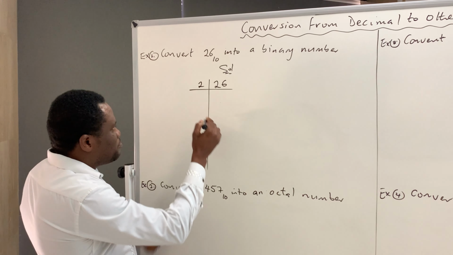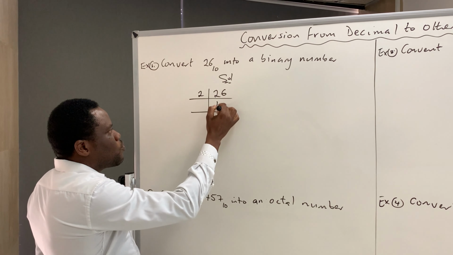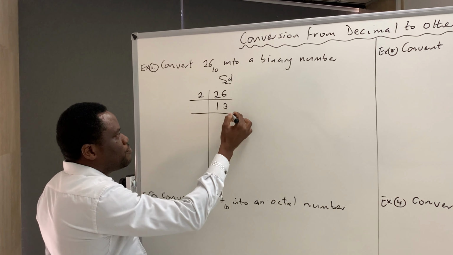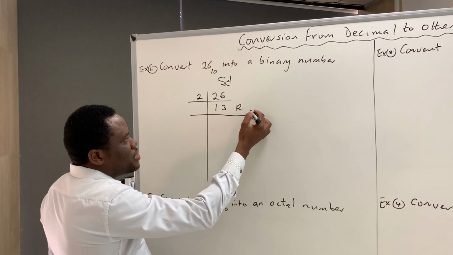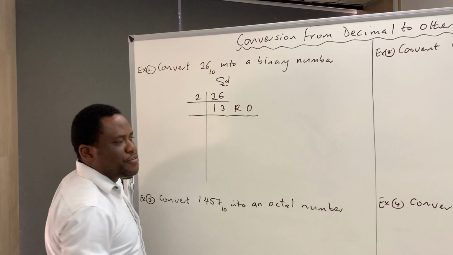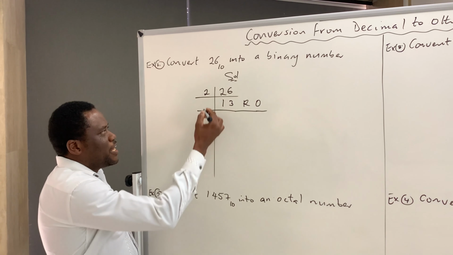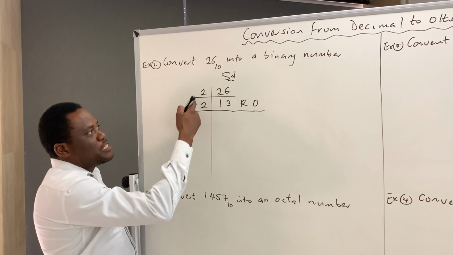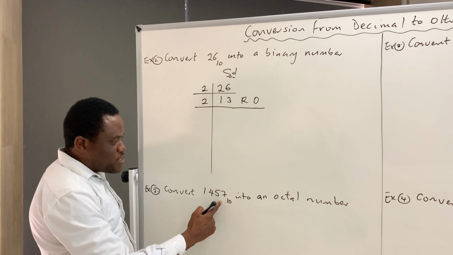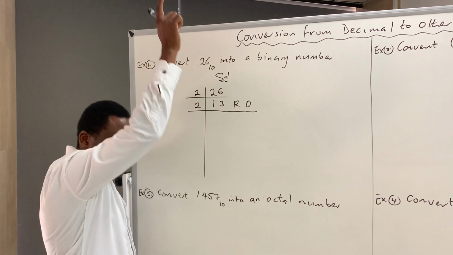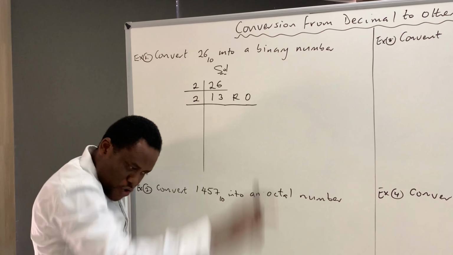So let's go. 2 goes into 26, 13 times. What is remaining? Nothing remaining. Again, 2. We have to use 2 throughout because it's in base 2. If it's base 8, we use 8 throughout. Base 16, we use 16 throughout. Base 100, we use 100 throughout.